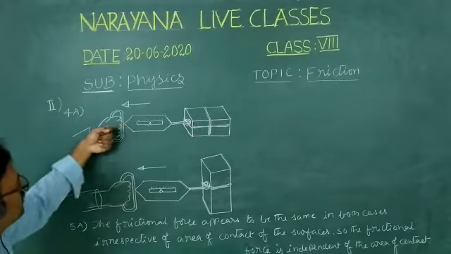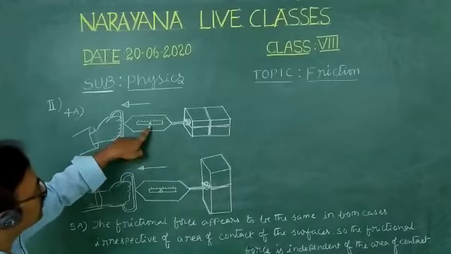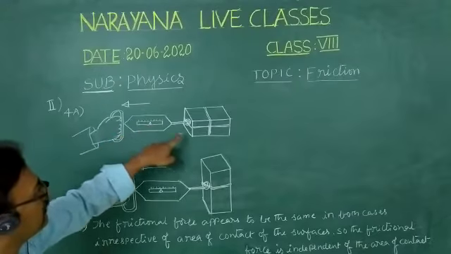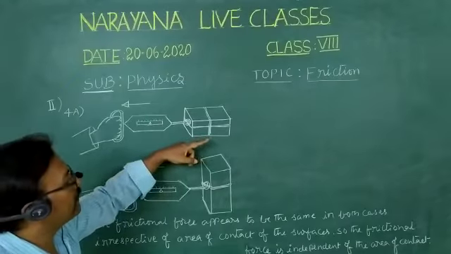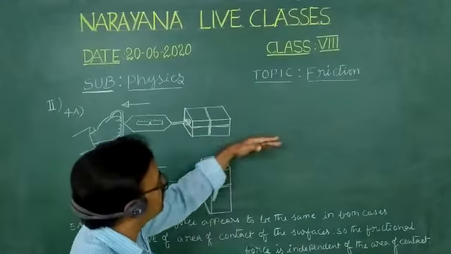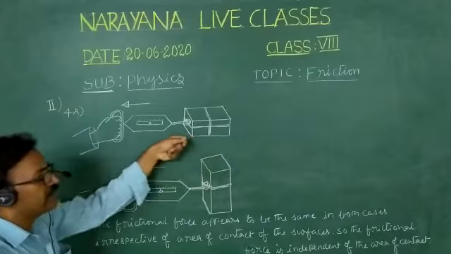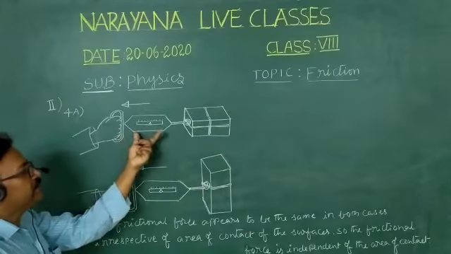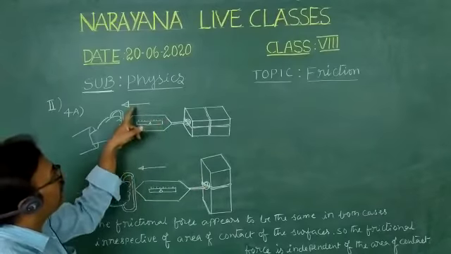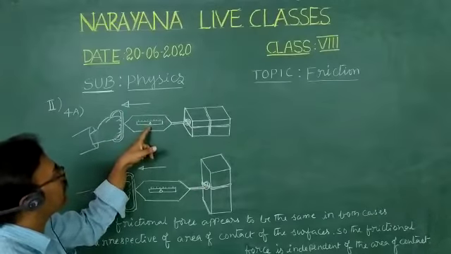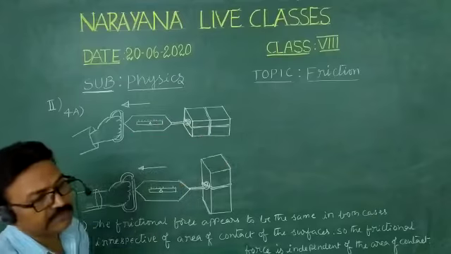When the spring balance is pulled, it shows the frictional force acting on the block. That means if the frictional force is acting in this direction, to overcome that friction you have to pull the spring balance in the opposite direction. So the required force is shown by the spring balance, which is equal to the frictional force.